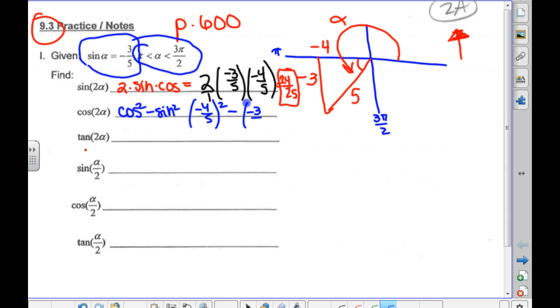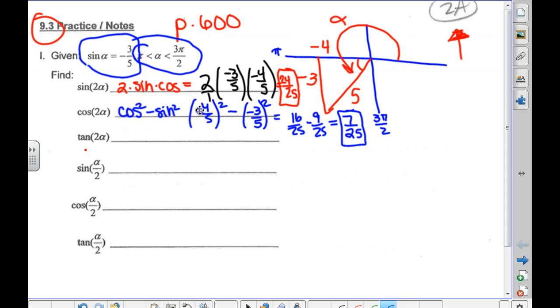What do we have to do first? Square them first. Be careful of order of operations. When you square a fraction, you square top and bottom. So we get 16 over 25 minus 9 over 25, because they both become positive when we square them. Then the minus gives us 7/25 when we subtract.